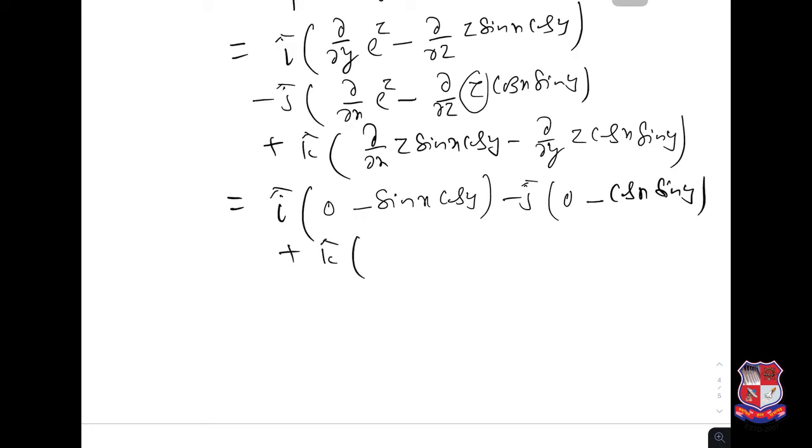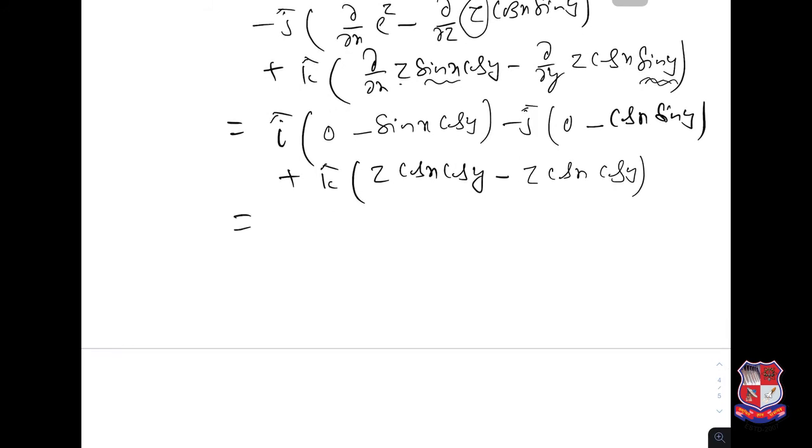Plus k, del by del x of z sin x cosine y, so derivative of sin x gives z cosine x cosine y, minus del by del y of z cosine x sin y, so cosine y z, so minus z cosine x cosine y.